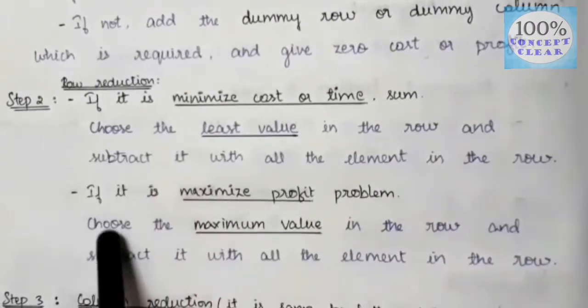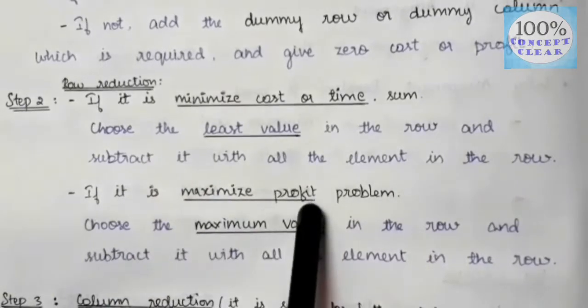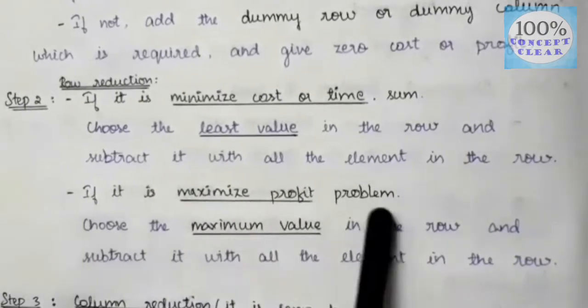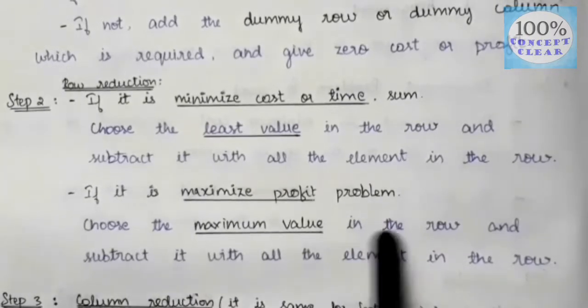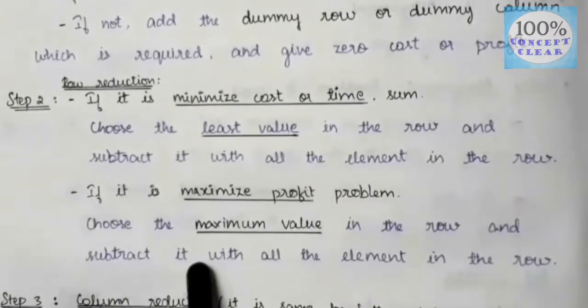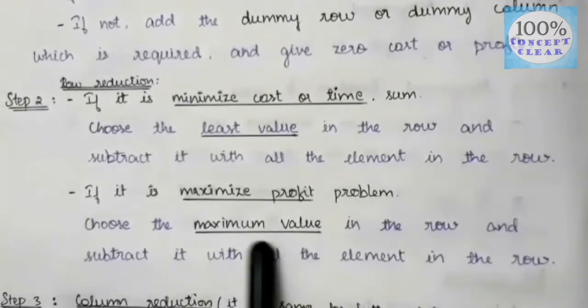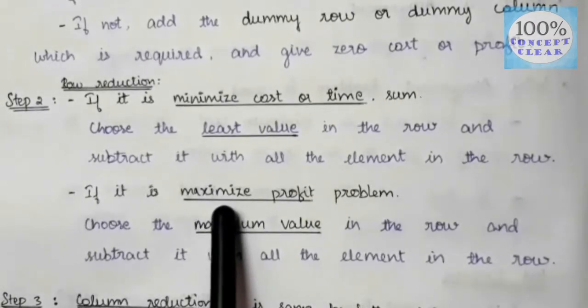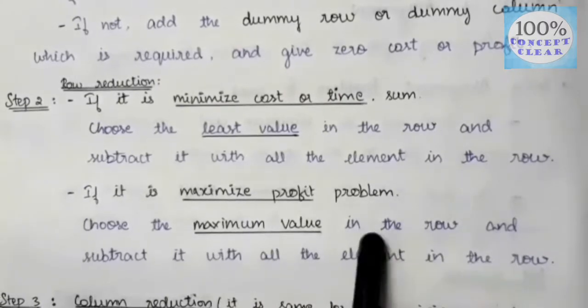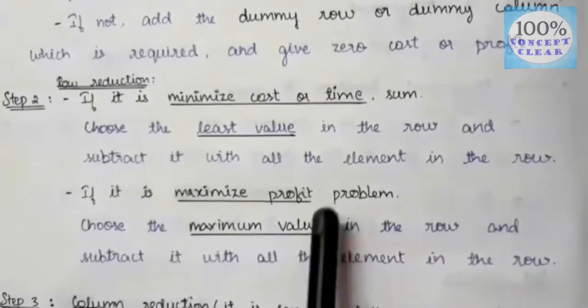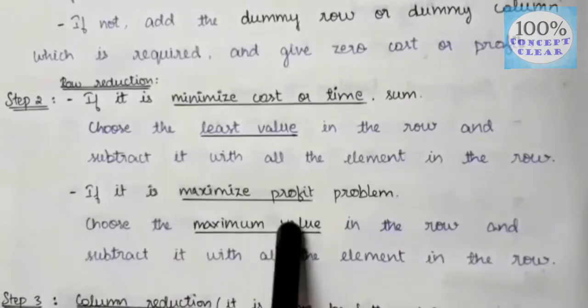Or if it is a maximum profit problem, then the step is to choose the maximum value in the row and subtract all the elements in the row from it. So if we are asked to find the maximum profit, we have to choose the maximum value in each row and subtract each element in the same row from that.